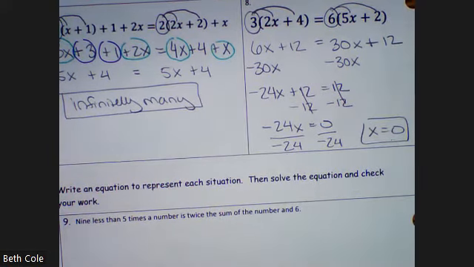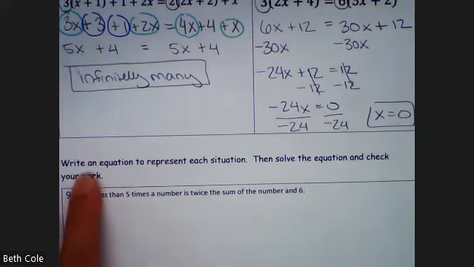It's not no solution. We got an answer. The answer is just 0, and that's okay. 0 is a valid number. Correct. And that's the reason why when you do 0 divided by anything, you get 0. Except 0 divided by 0. You'll have to wait till calculus for that one.